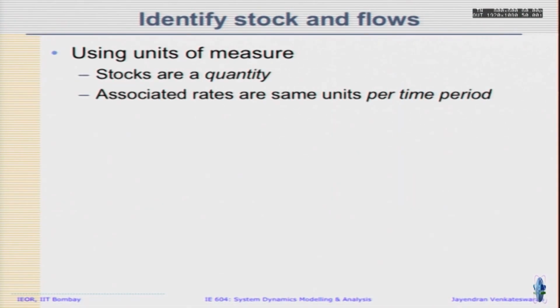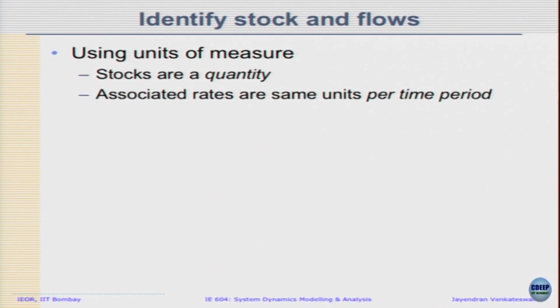So, to identify stocks, when you look at a system, how do you identify stocks and flows? We can start by using the units of measure. Stocks are quantities, and associated rates are the same units per time period. That is quite simple.